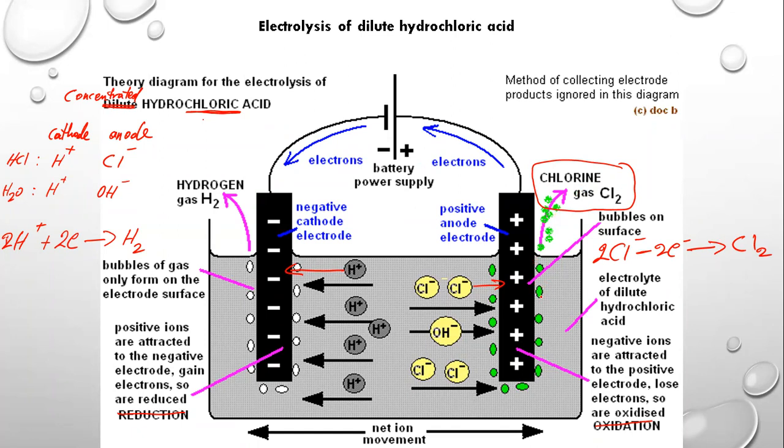Here, this is where it is formed, and then it is a gas, so it is less dense than the liquid electrolyte, so it will move to the surface. Okay, because it's a gas, it will escape as chlorine gas.